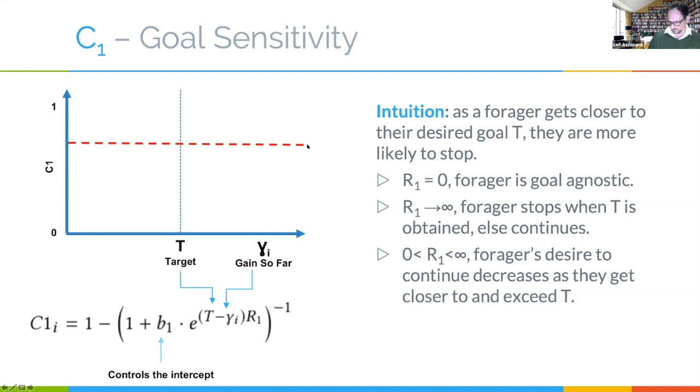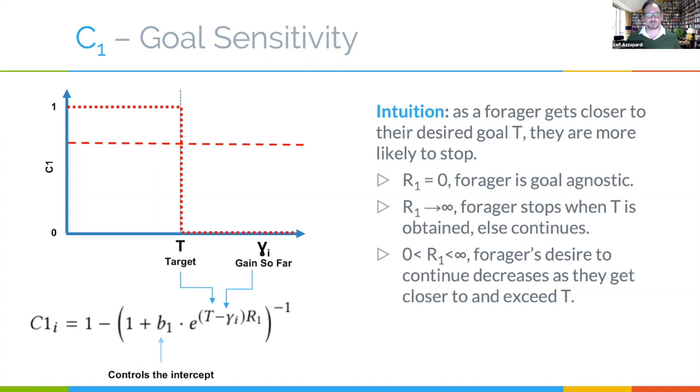But as I tune or change these parameters, if I set R to be very, very high, then it basically says I will always continue until I reach my target. And once I've reached it, I will stop. That means the user must be 100% certain that they've reached their target, right? And know everything about that environment.